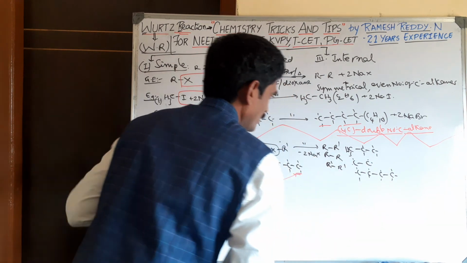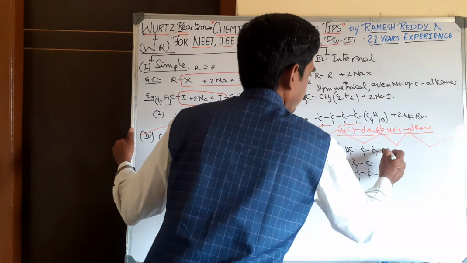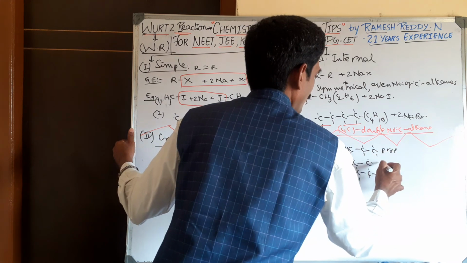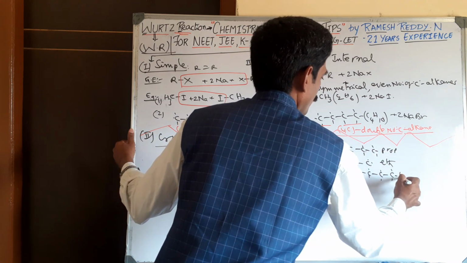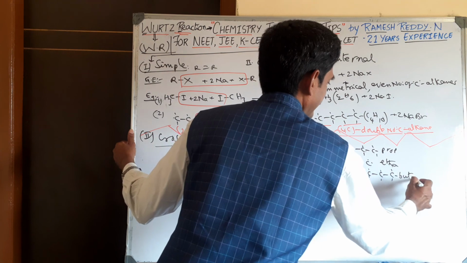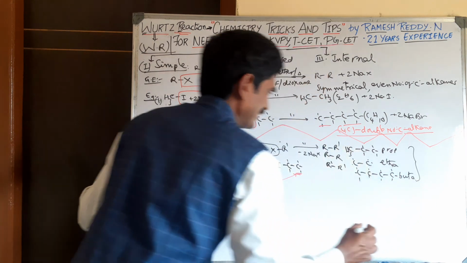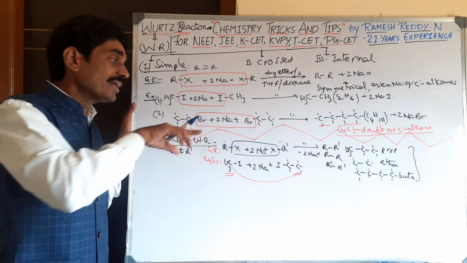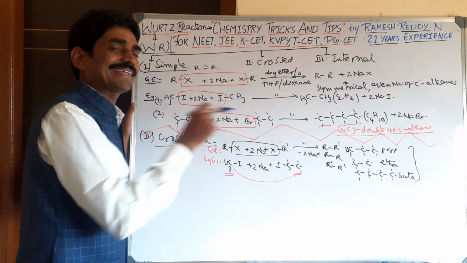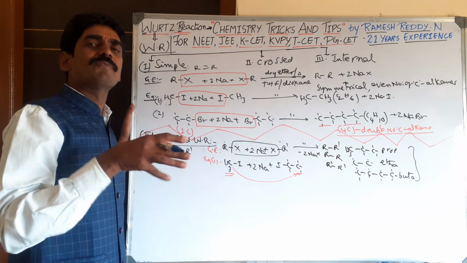Now we get 1 mole of propane, 1 mole of ethane, 1 mole of butane. We are getting different alkanes, and it is very difficult to separate them. Why?